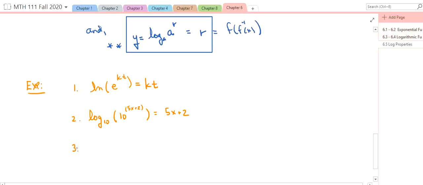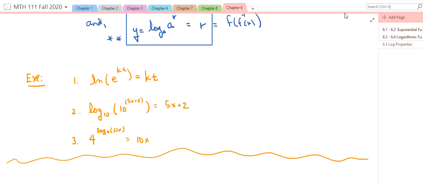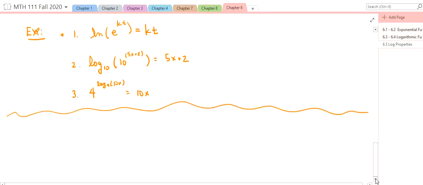And then going the other direction, if you have 4 raised to the log base 4 of 10x, this is all in the exponent here, this just equals 10x. So super important property. This one especially is a relationship you're going to come into contact with a lot.